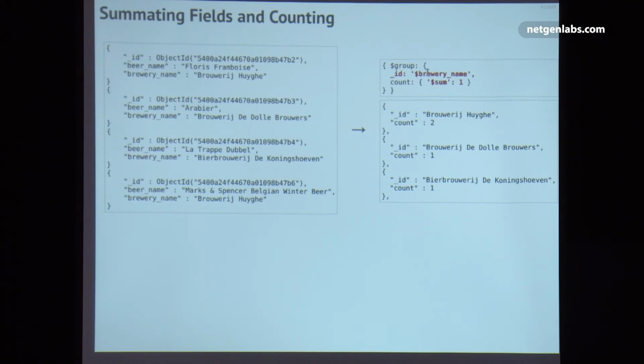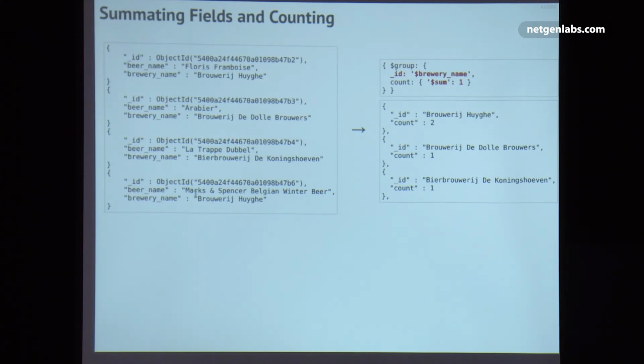So it will create a document where underscore ID is Brouwerij Heuge, and then it will add 1 to the field count. So the first time it sees this, it will create the document with underscore ID field Brouwerij Heuge, and it initializes count to 1. It does the same thing for Brouwerij de Dolle Brouwers. It actually says brewery, the crazy brewers. Then we have Bierbrouwerij de Koningshoeve, for which it will also create a document.